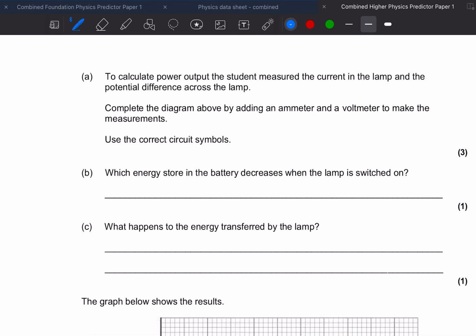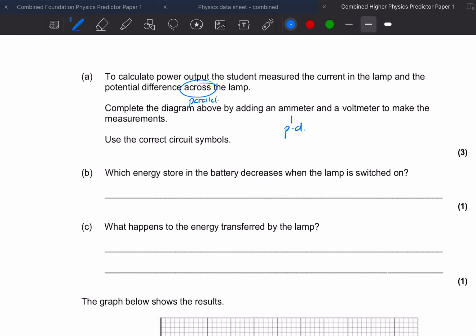So to calculate the power output, the student measured the current in the lamp and the potential difference across the lamp. Complete the diagram by adding an ammeter and a voltmeter. It says here potential difference is across, so that means that it must be in parallel.